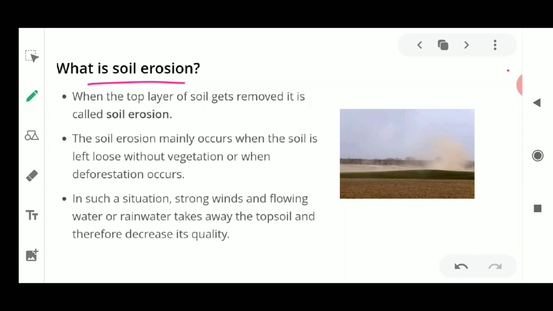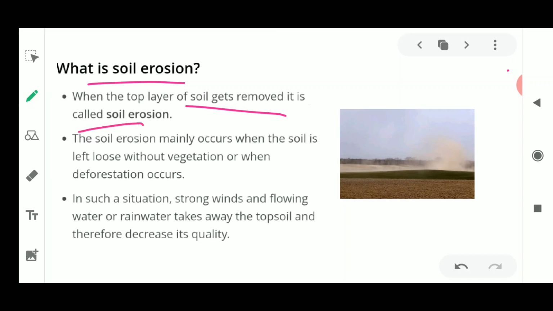And yes, it could be an essential phenomenon sometimes, and it is not a very good process of getting eroded, but sometimes it is very much necessary for erosion to take place. Now what is soil erosion? Soil erosion means when the top layer of the soil gets removed, then it is known as soil erosion.